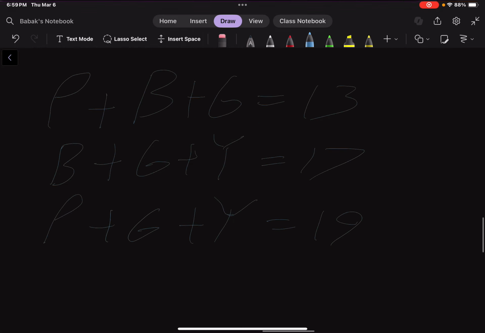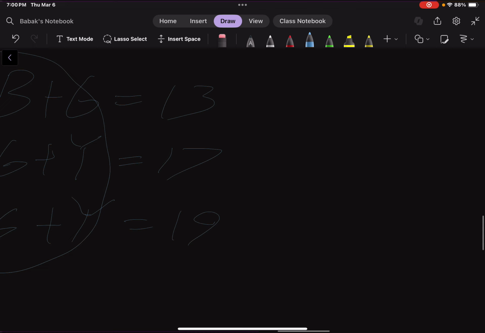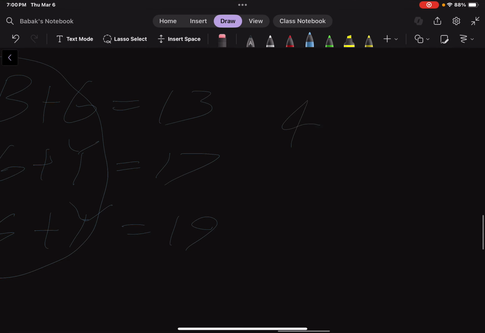Now, you have 4 variables and 3 equations. So what do you do? Well, I suppose I should introduce this now. By pigeonhole principle in this case, and this is how you identify a Diophantine equation, you see that you have a total of 9 elements, yes? And further, you have 4 variables.